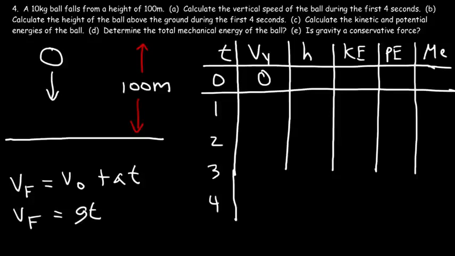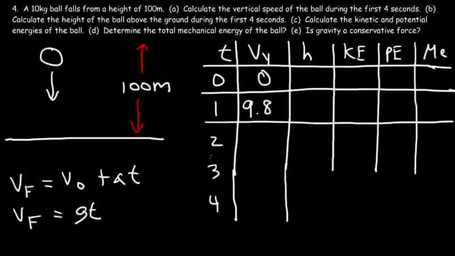So every second, the vertical speed is going to increase by 9.8 meters per second. So at t equals 1, it's going to be 9.8 times 1, or simply 9.8. At t equals 2, it's going to be 9.8 times 2, so it's 19.6 meters per second.